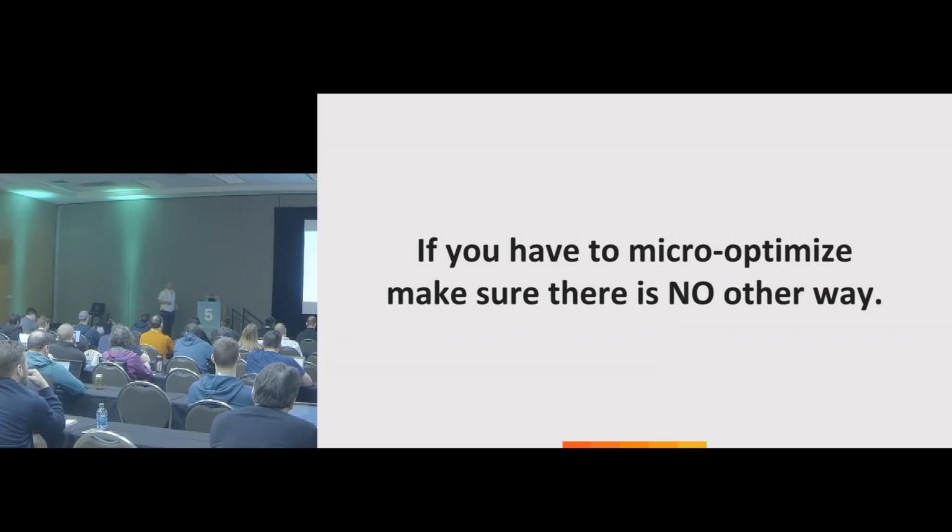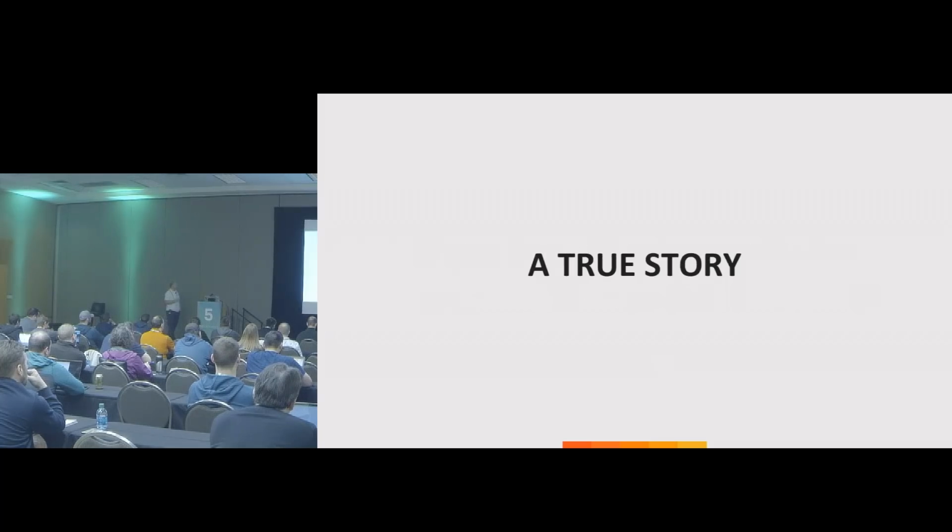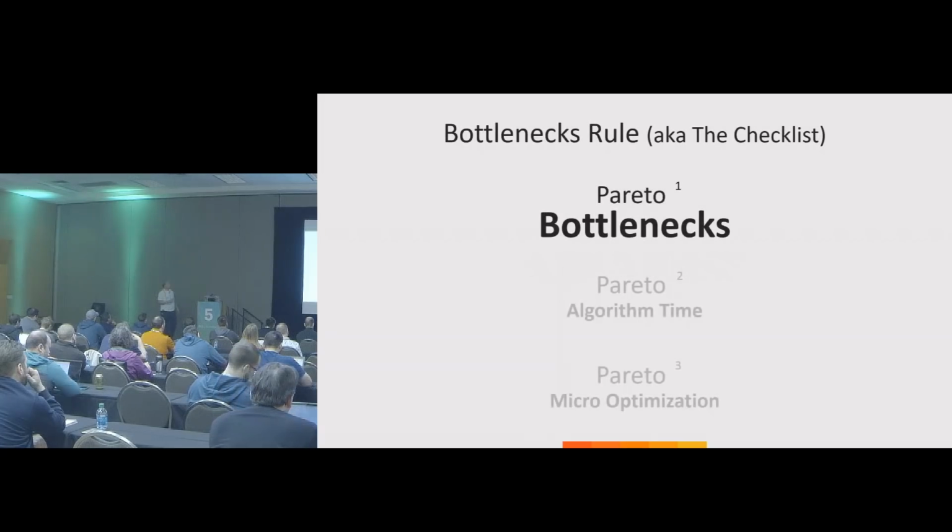But because you're here to see something that you can't find in books, let's talk about this. So this is a true story. Everything that I'm going to tell you from now on is based on the work that we did for a particular product. I'm going to start with an introduction of where we were and where we needed to go. So obviously, what I would do from the get-go is let's go hunt for the bottlenecks.